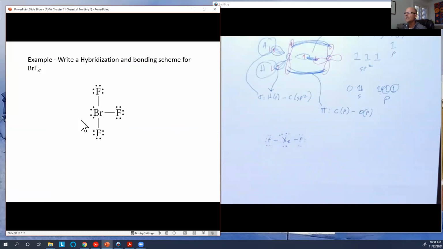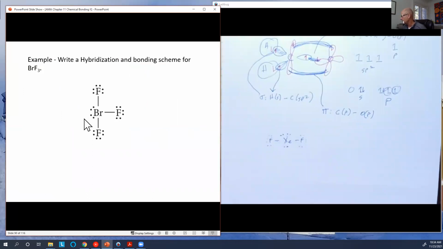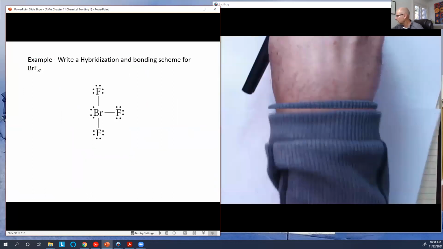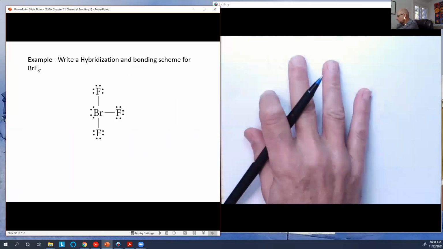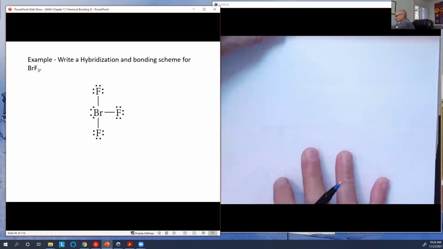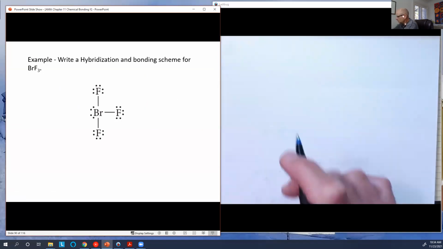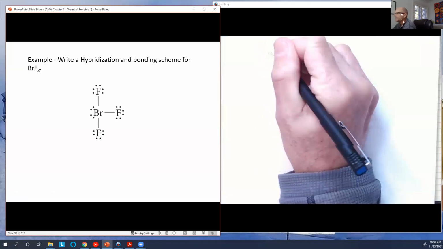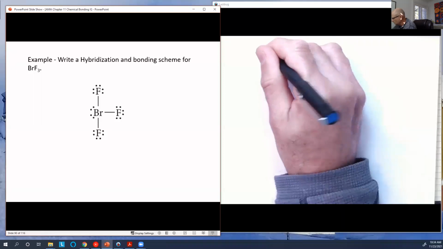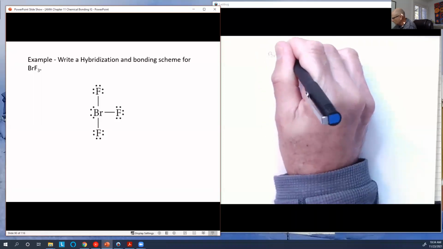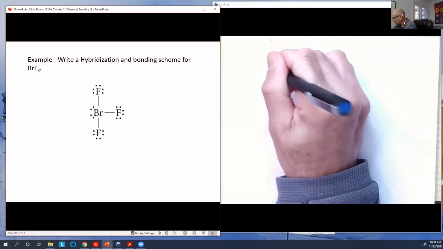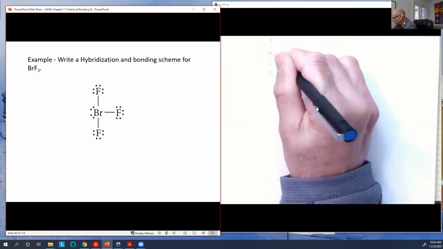All right, let's write a hybridization and bonding scheme for this molecule. How do we do that? So we have BrF3. Here's the Lewis structure.